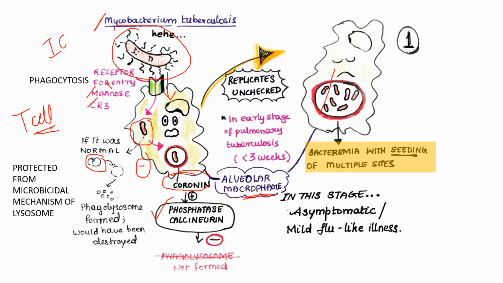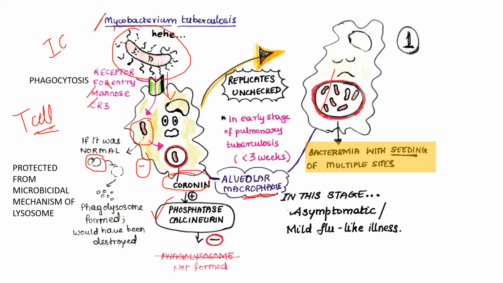So Mycobacterium tuberculosis enters via various receptors. If it was normal, a phagolysosome would have formed and it would have been destroyed. But since this is not happening, we have the recruitment of a host cell protein, coronin, onto the surface of the phagosome. It results in the activation of phosphatase calcineurin, which inhibits phagolysosome formation.